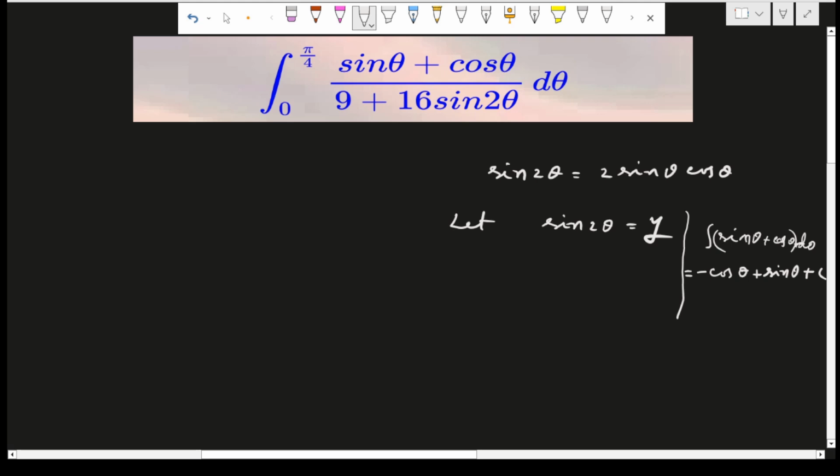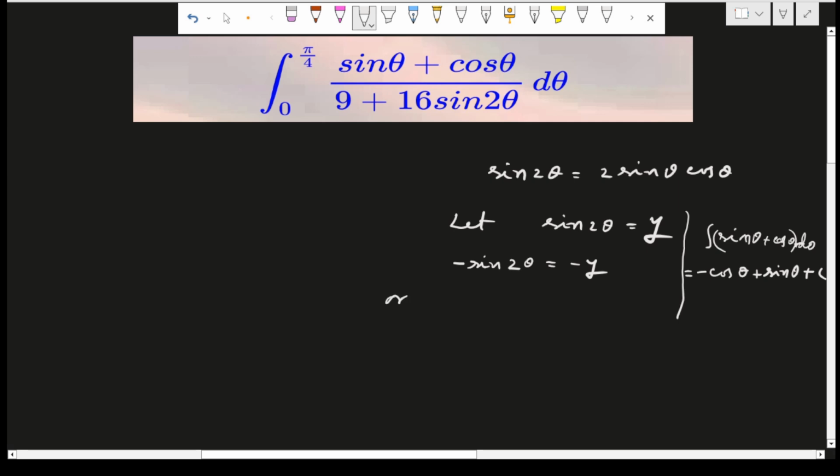So we have to express this in terms of y. Multiply both sides by minus 1, so minus 2 sin theta cos theta is equal to minus y. We are doing so because we have to get an (a minus b) whole square form.